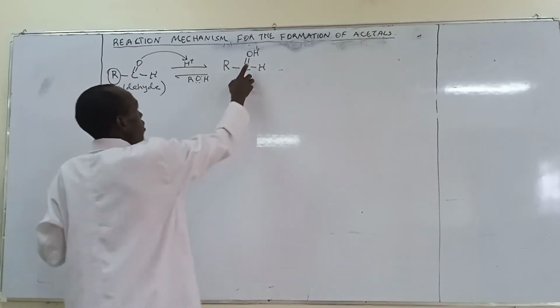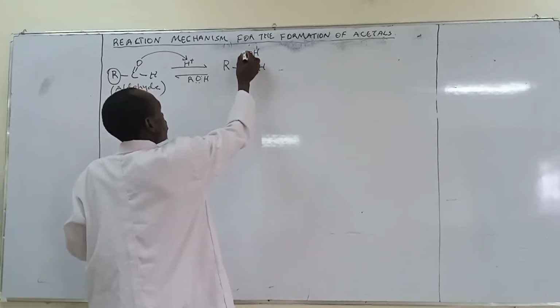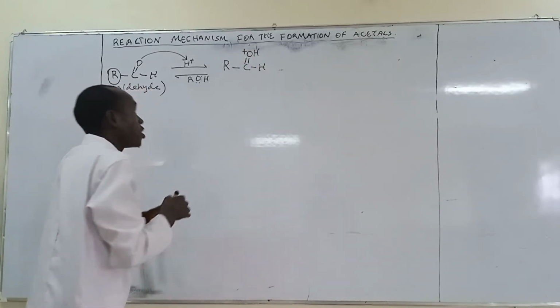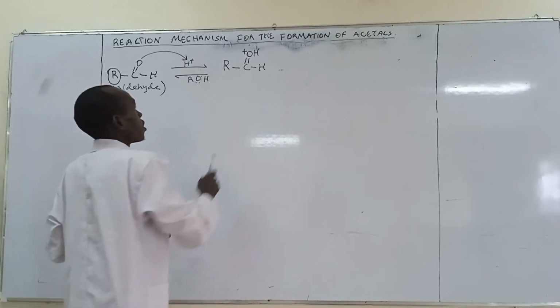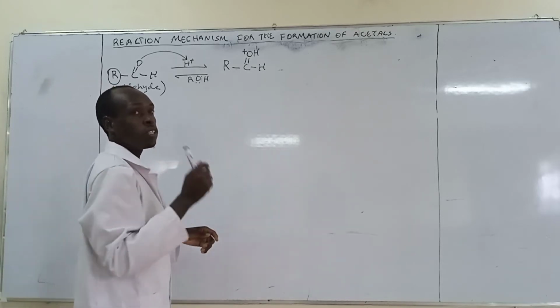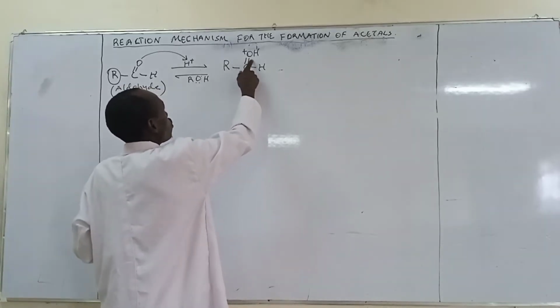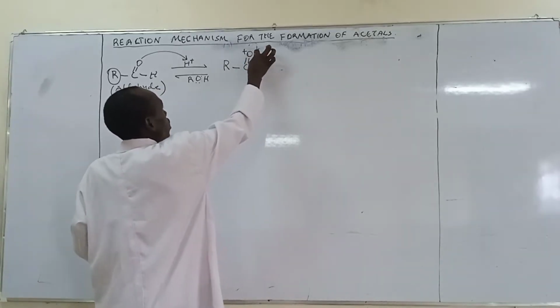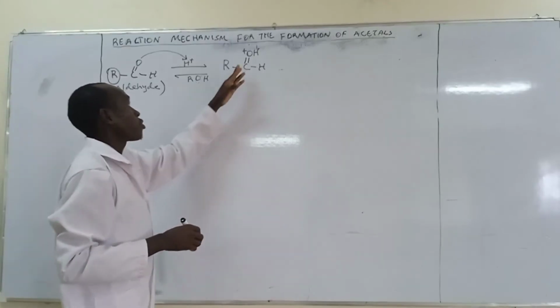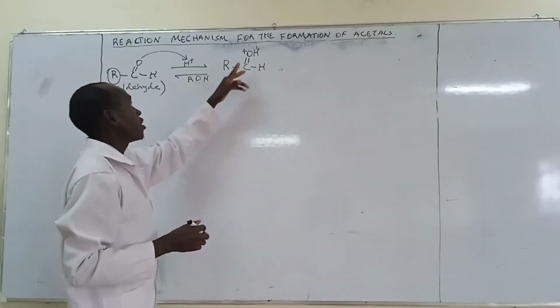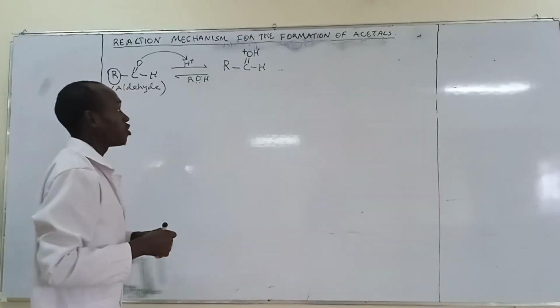Now after forming this, you realize that this oxygen acquires a positive charge, because oxygen is always stable with two bonds. But now we have three bonds here, 1, 2, and then another bond bonded to hydrogen. Now it becomes 3 bonds. So oxygen acquires a positive charge.